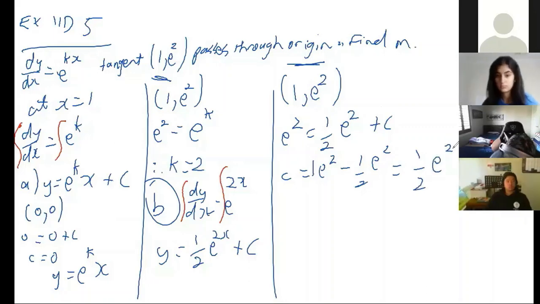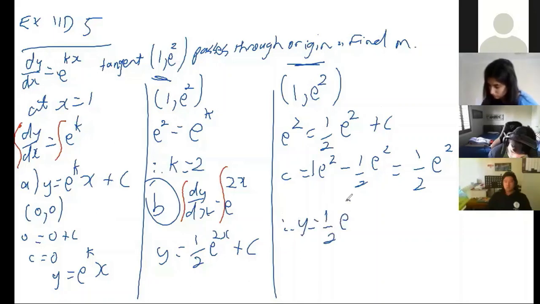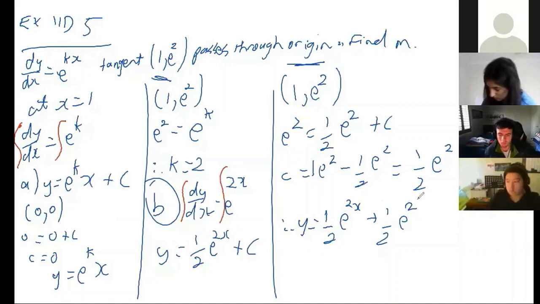So that's what my c equals. So my rule becomes y equals a half e to the 2x plus a half e squared. I can take out a half as a common factor and write e to the 2x plus e squared in brackets. It doesn't matter. That should be the answer to question 5.